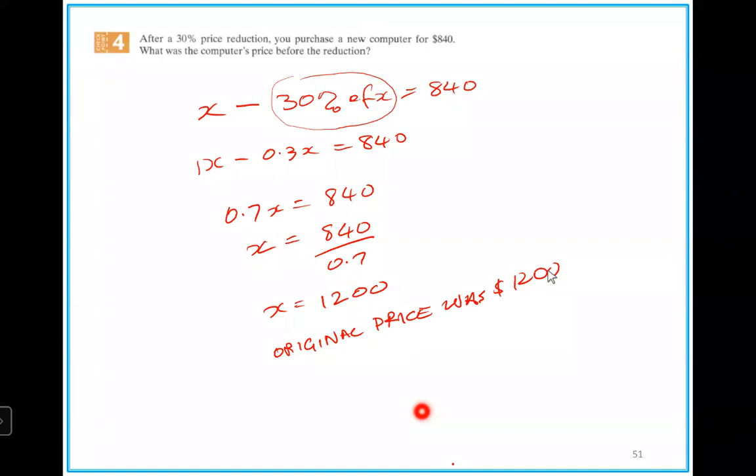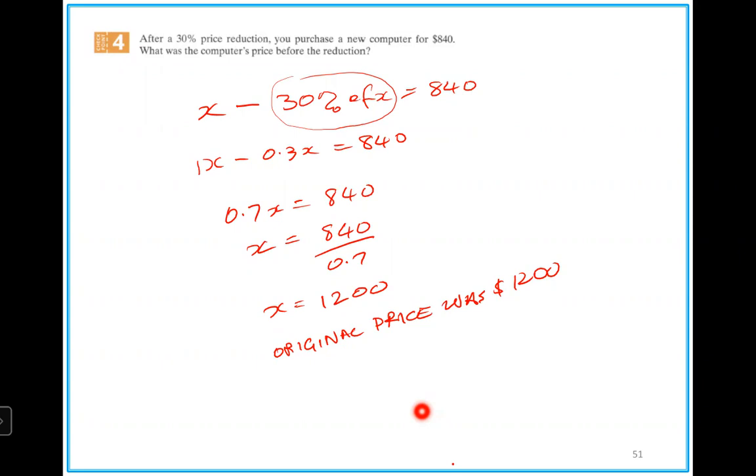I guess we could say 840 multiplied by 30%. What's the original price? 1200. Okay, so you took the 30% away from the 1200. So if you took the 30% away from the 1200, that's when you should get 840. Are you following? Yes. Okay, so you have to find out what is 30% of 1200.